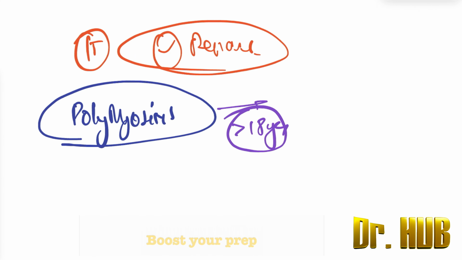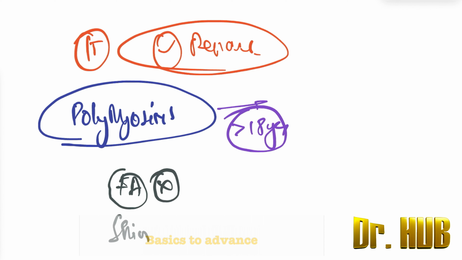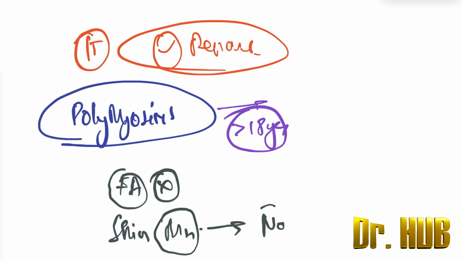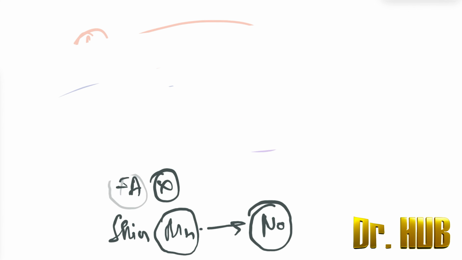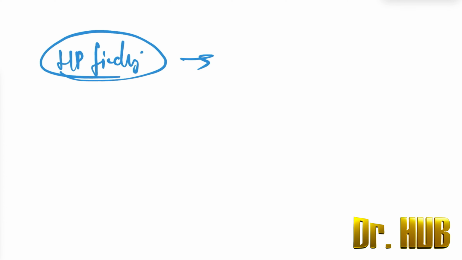And whether there is a family association, the answer is no. When you look at the skin, whether there is skin manifestation, the answer here is no. Then we look at the histopathological findings.